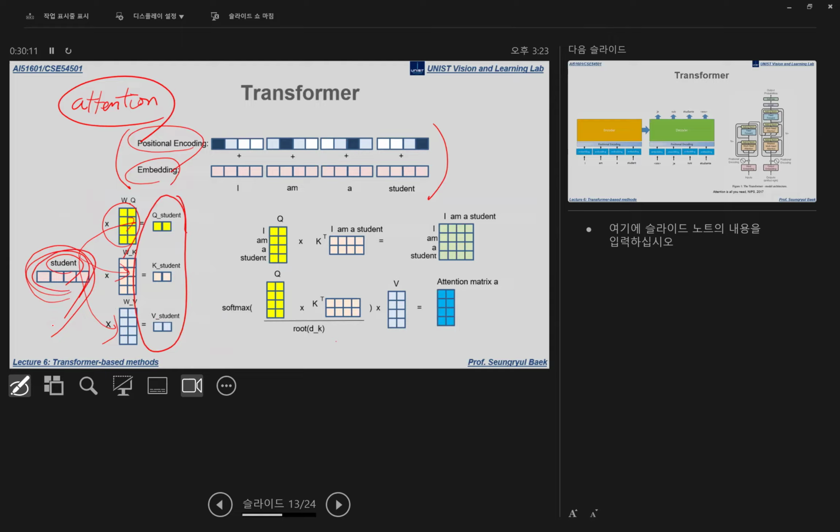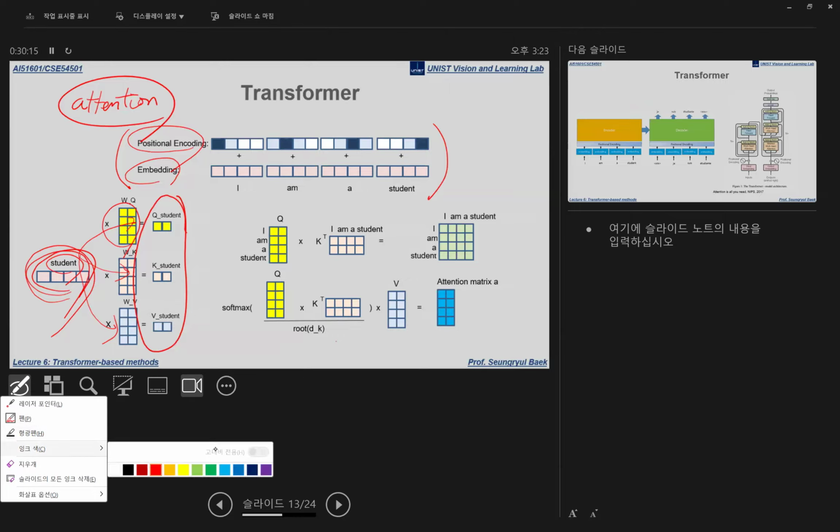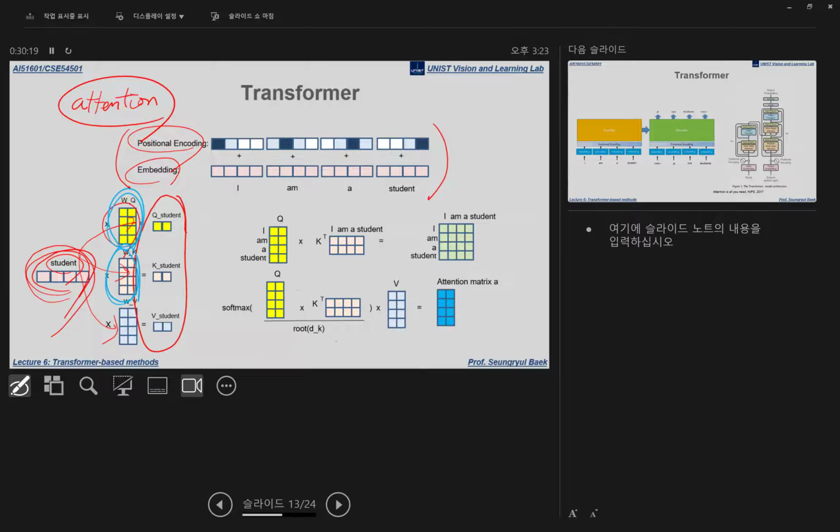And actually, these linear layers are the only parameters to be learned. Inside the attention mechanism, there are not many parameters, but we somehow have to learn the parameters for the deep architecture.